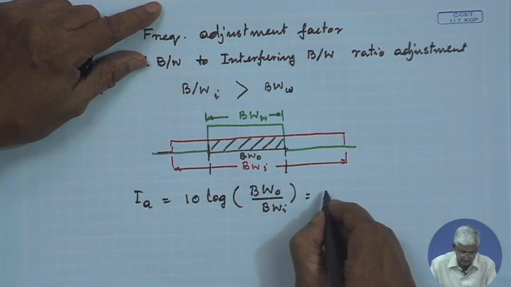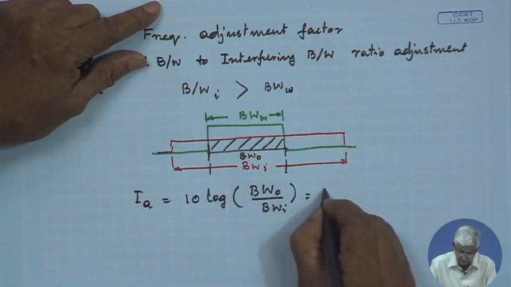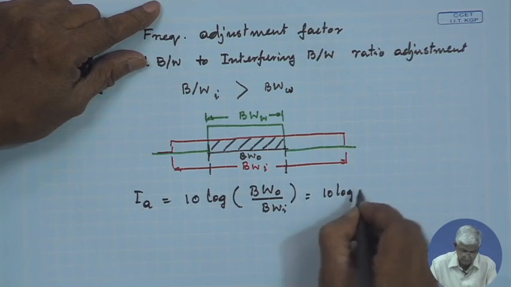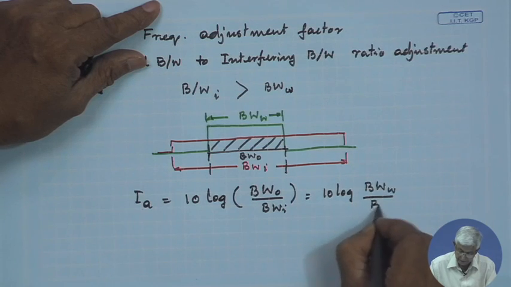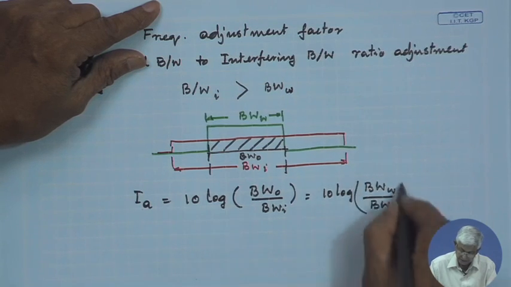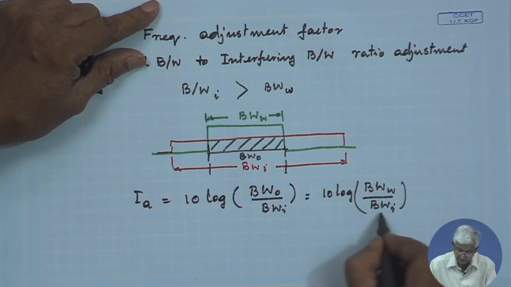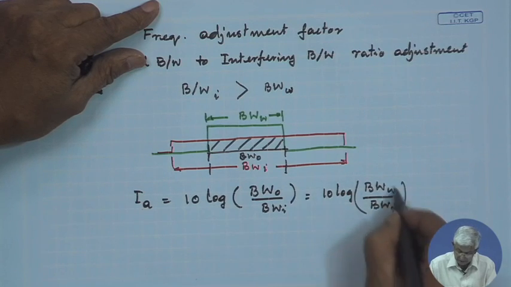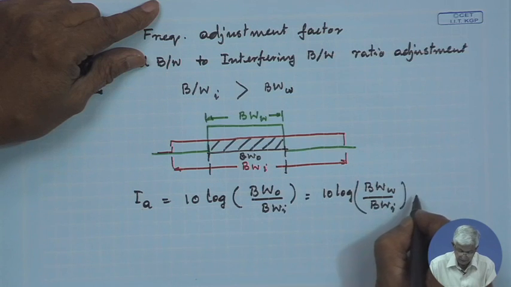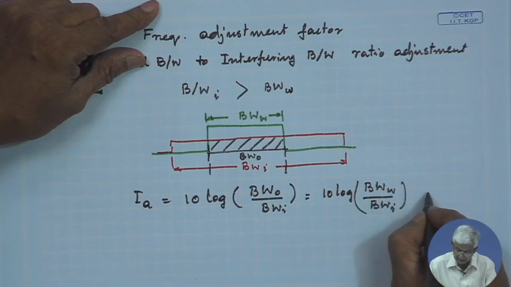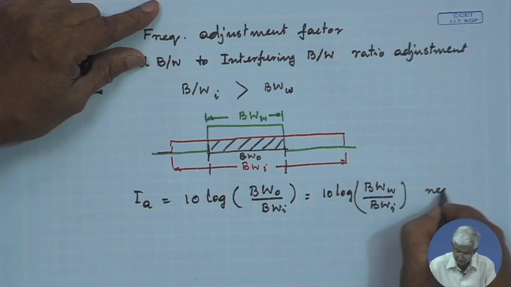So, in that case it is the 10 log of bandwidth wanted by bandwidth interfered, where bandwidth interfered is large. So, this is a fraction less than 1. So, this log is a negative quantity, this is negative.